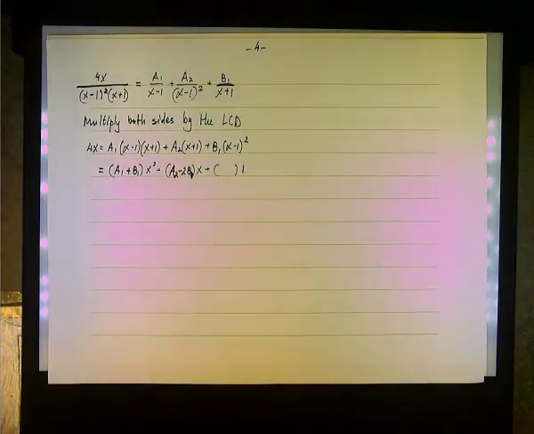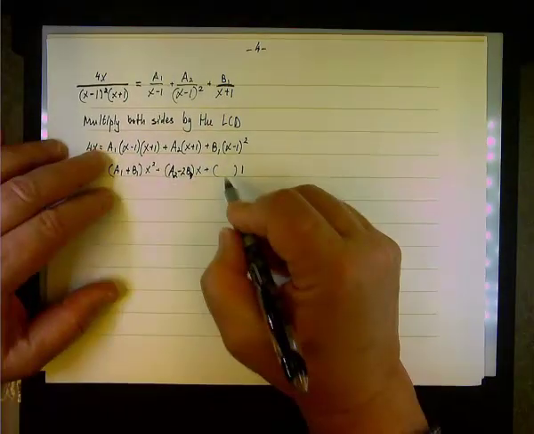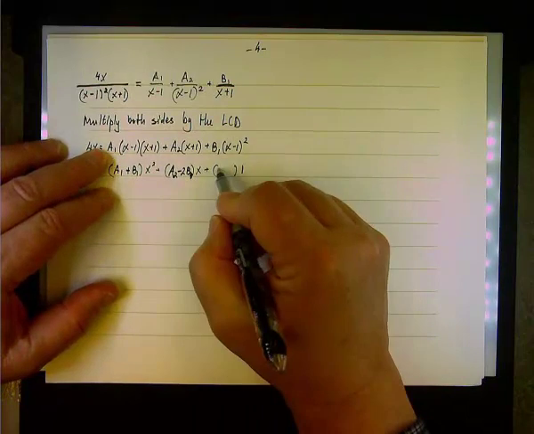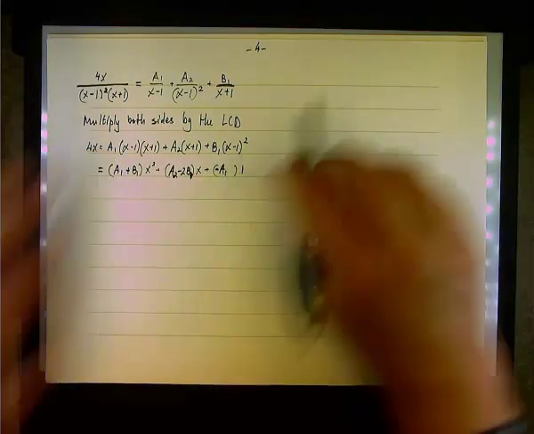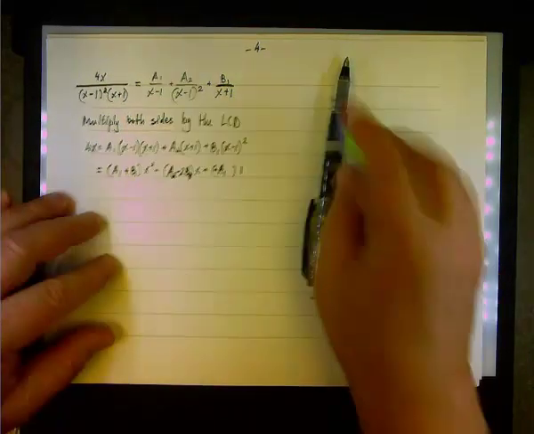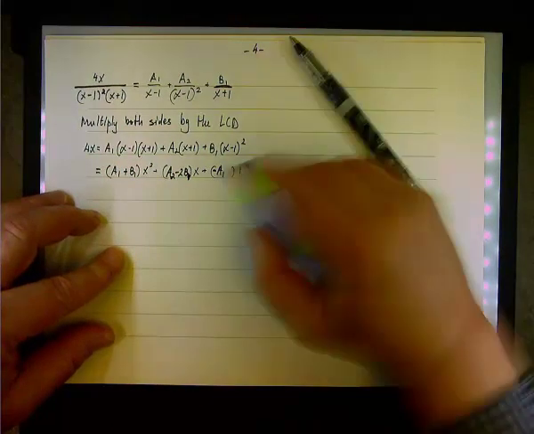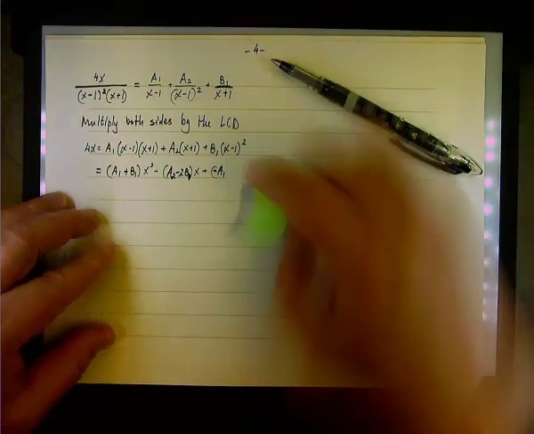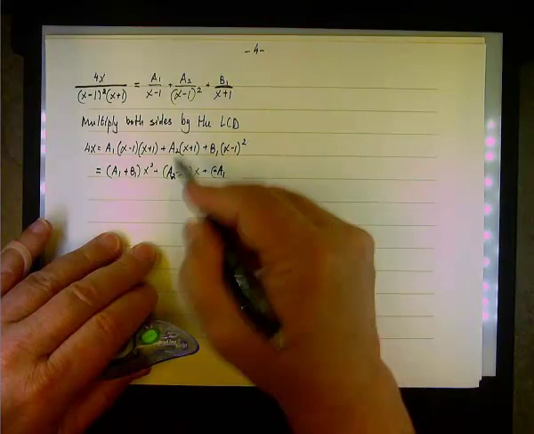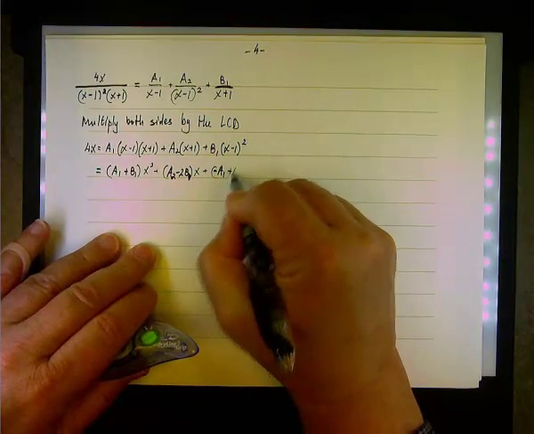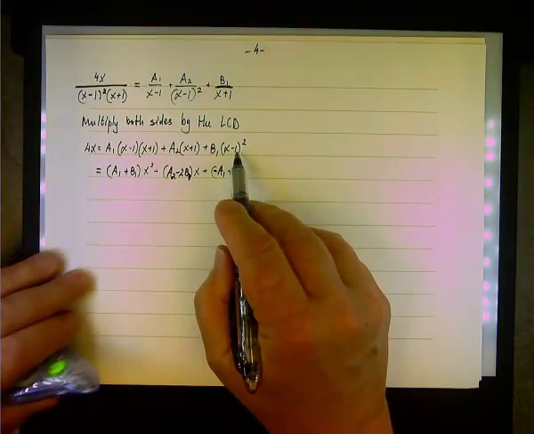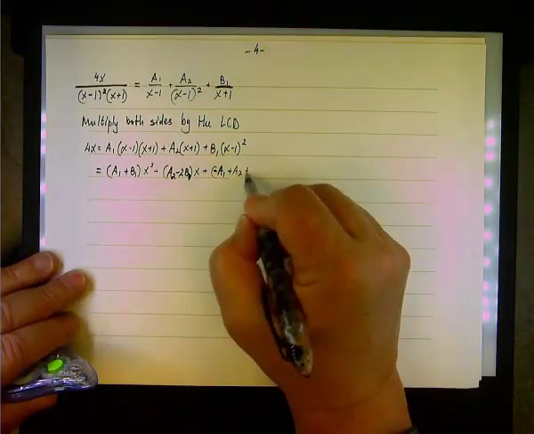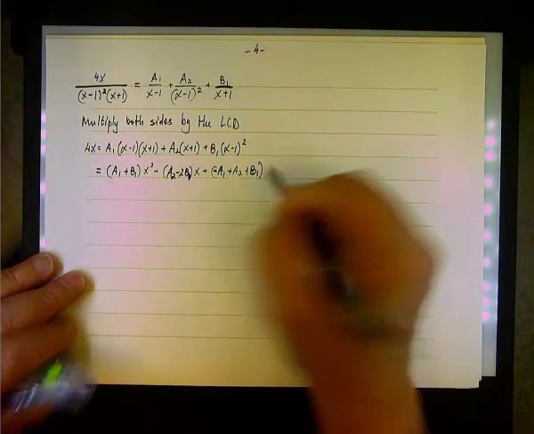The free coefficient will be a1, no, negative a1 from the first one. And I have plus a2 from here. And here, at the end, I have plus 1, so I have plus b1. Okay, so those are the free coefficients.